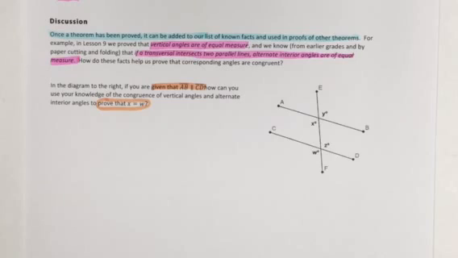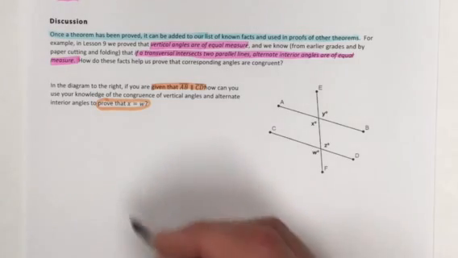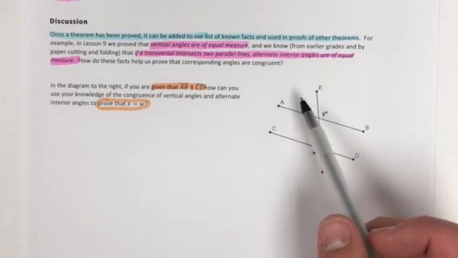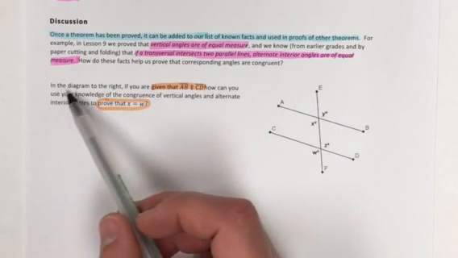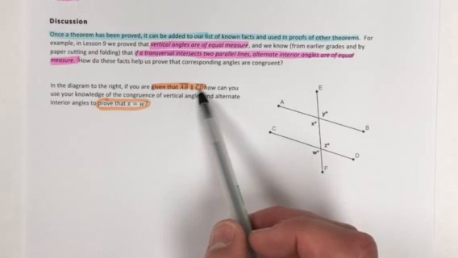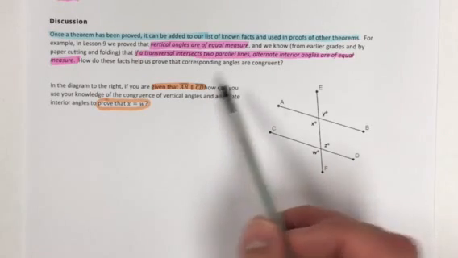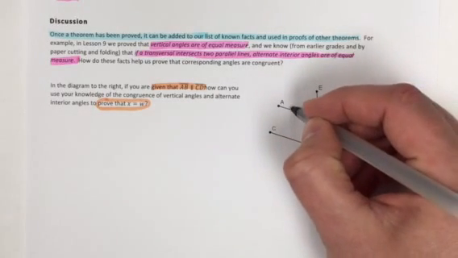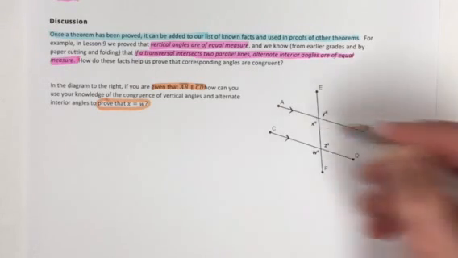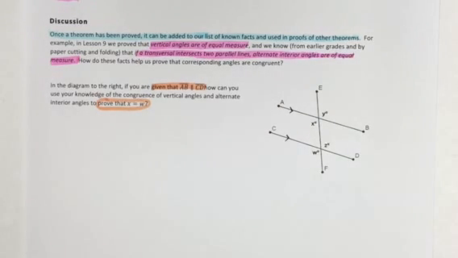So as I look at this, they want us to use these theorems or properties. It says in the diagram to the right you are given that line segment AB is parallel to line segment CD. So essentially this line segment, we'll put the symbol in there, is parallel to that line segment.